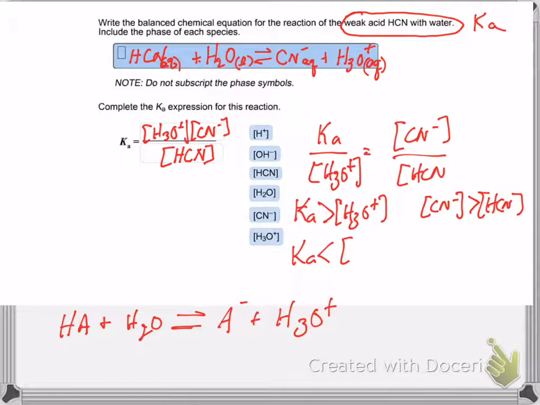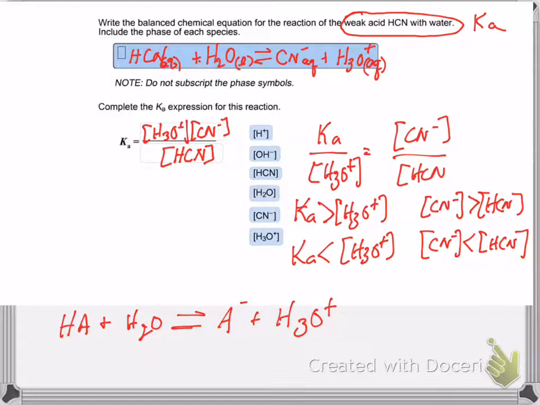If the H3O plus is less than Ka, we'll have more of the conjugate base than the acid. If the Ka is less than the H3O plus, then we have more of the acid, HCN, than of the conjugate base. So this is a really important analysis. You want to make sure you feel very comfortable with it.